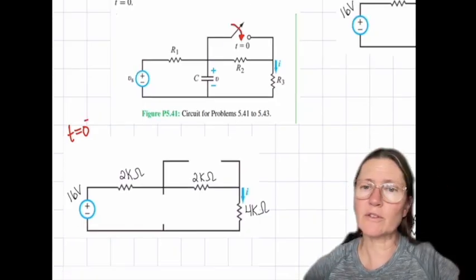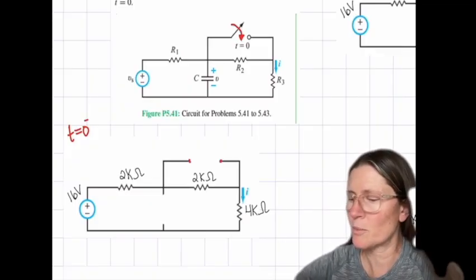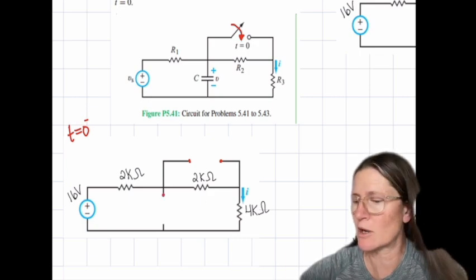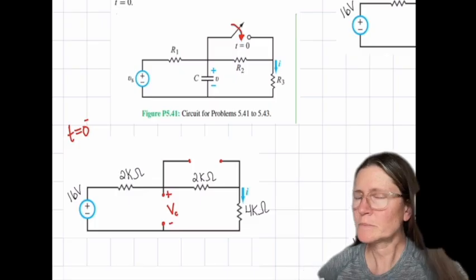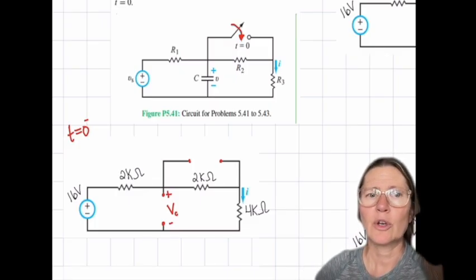So before the switch changes, it's going to be open. So we're going to leave this section open, and then the capacitor has sat there a long time, meaning that it's going to be also an open. And we want to find the voltage across the capacitor, the plus to minus.